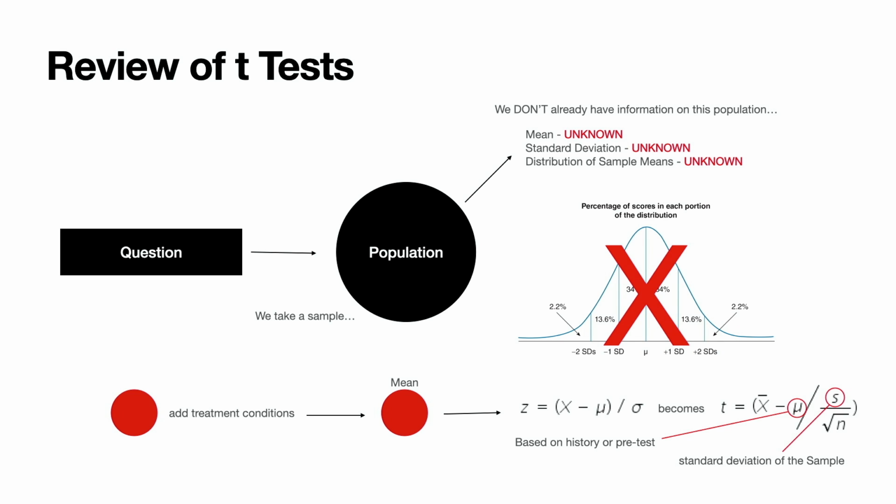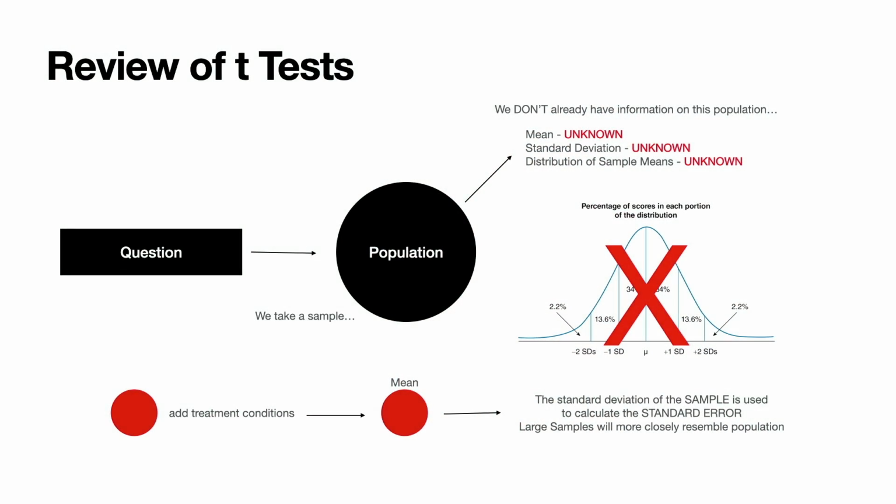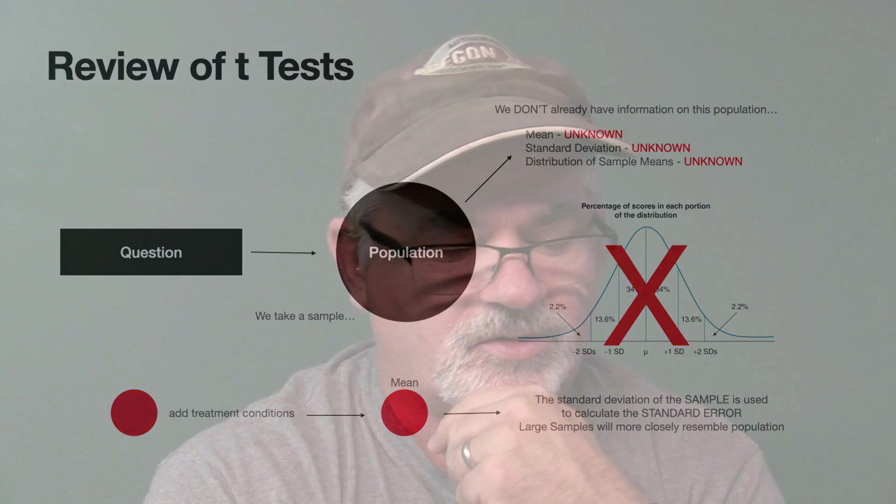So that's the difference between the z-test and the t-test. In the t-test, the standard deviation of the sample, that S, is used to calculate the standard error, S over the square root of n, and large samples closely resemble the population. So we are going to take a little journey in here.